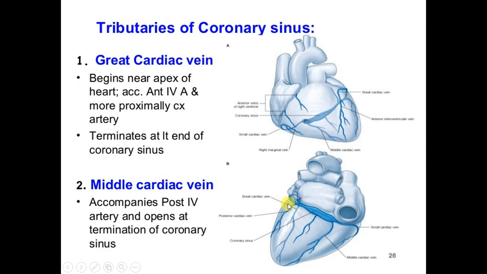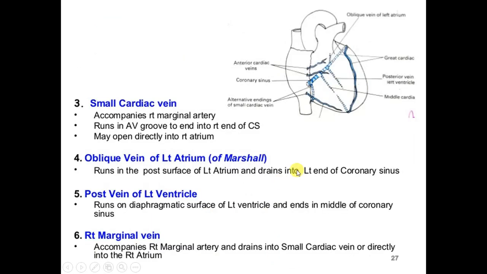Middle cardiac vein: here we see the middle cardiac vein accompanying the posterior interventricular artery and opening at the termination of the coronary sinus. Small cardiac veins accompany the right marginal, then run in the AV groove to end in the right end of the coronary sinus.